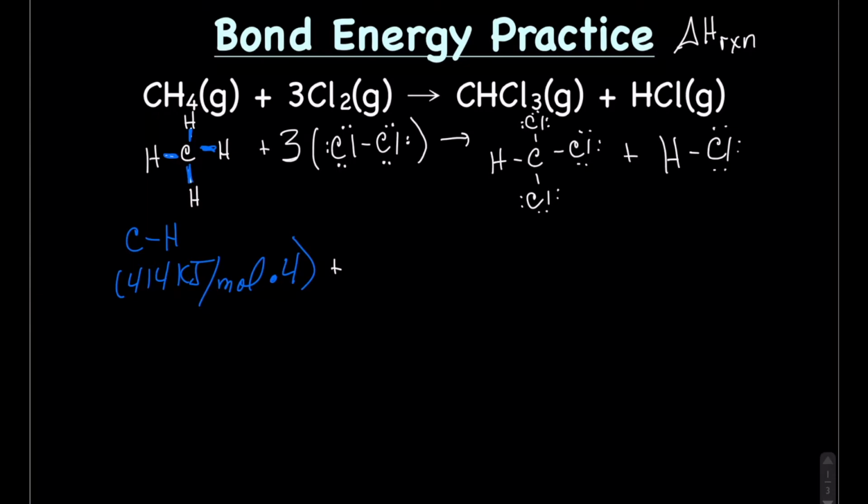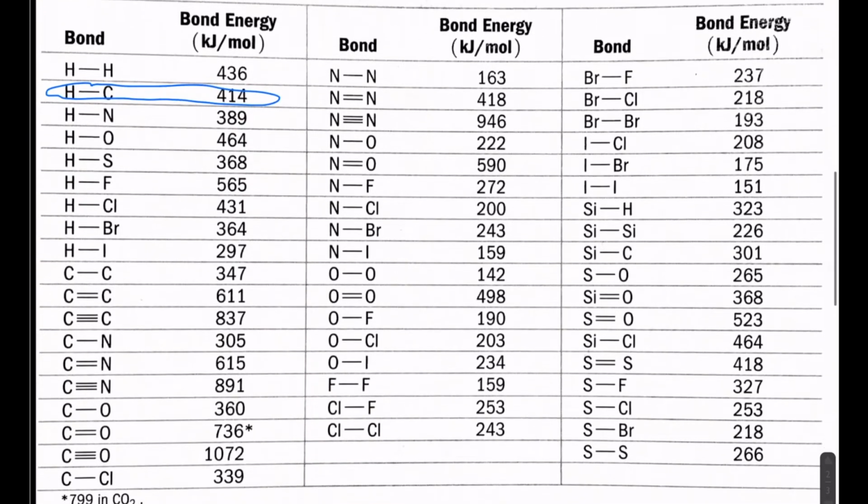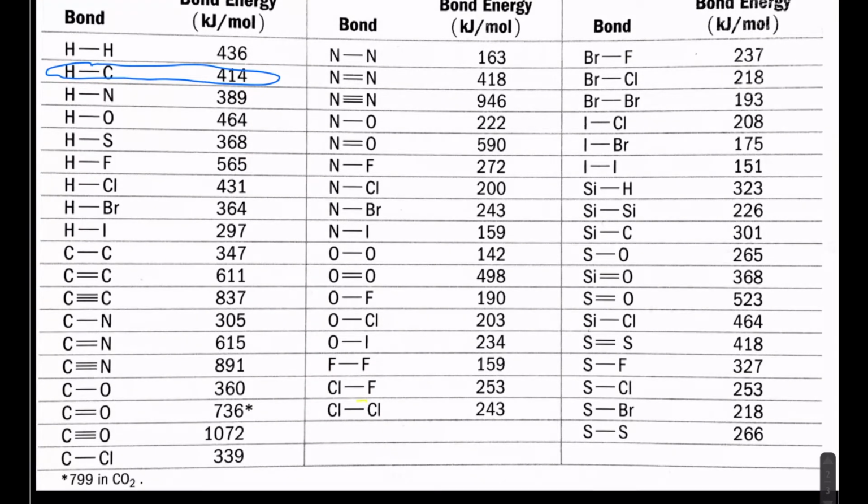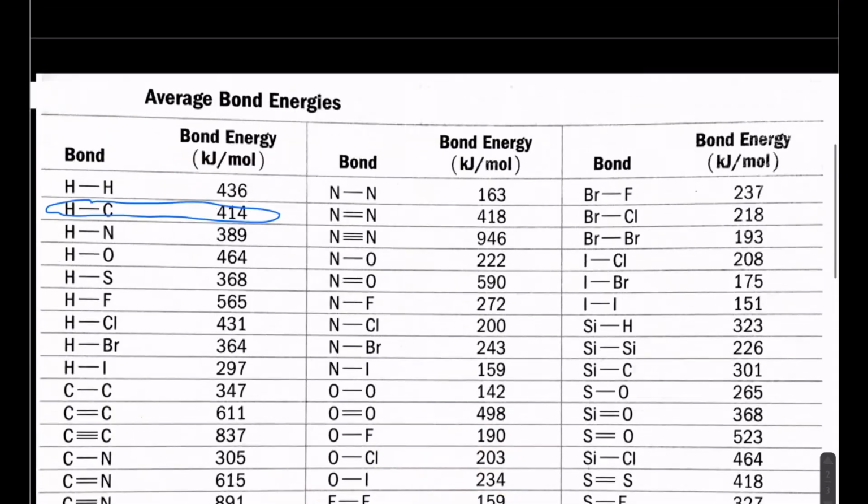The next molecule, we have just a Cl-Cl bond, but there are 3 of them this time, right? So 3 times, let's see how much energy it takes to break the Cl-Cl bond. And that's right there, so it's 243 kilojoules per mole.